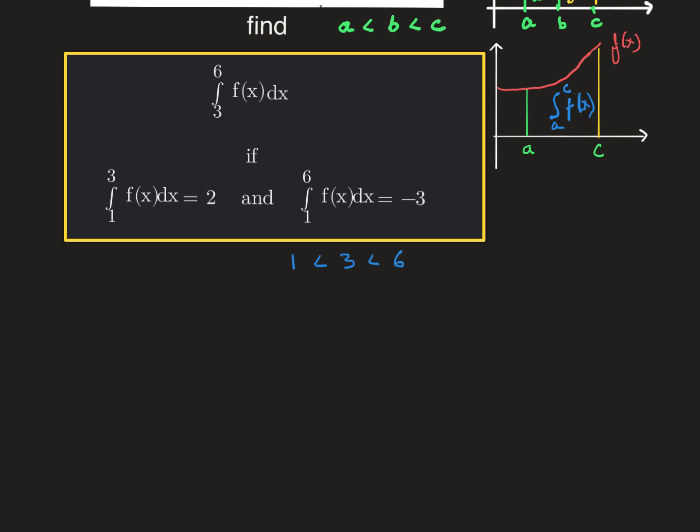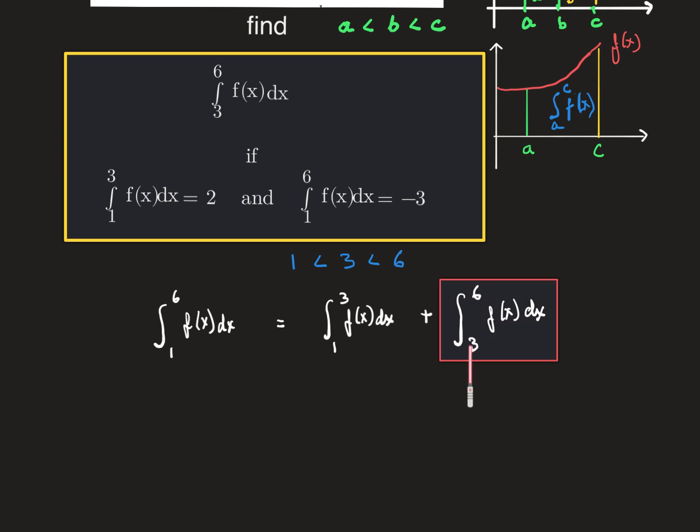And so if we use our additive properties, we should write that the integral from 1 to 6 of f(x) dx is equal to the integral from 1 to 3 of f(x) dx plus, we'll add, the integral from 3 to 6 of f(x) dx.